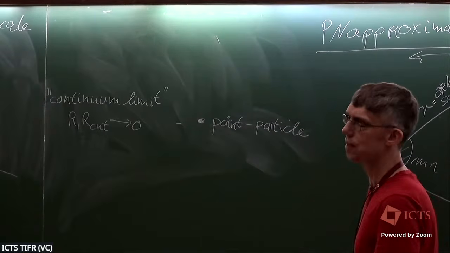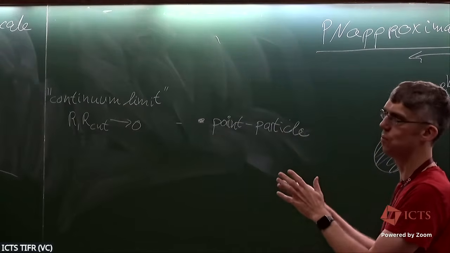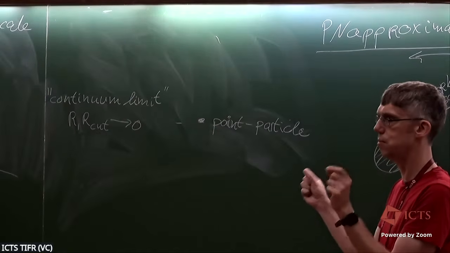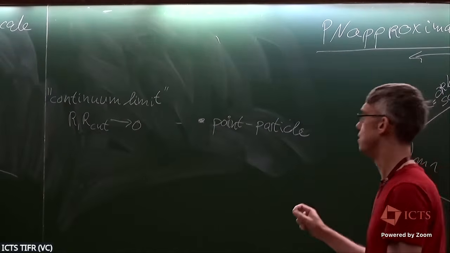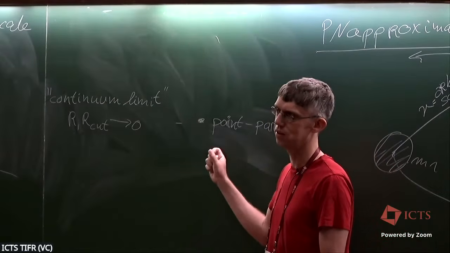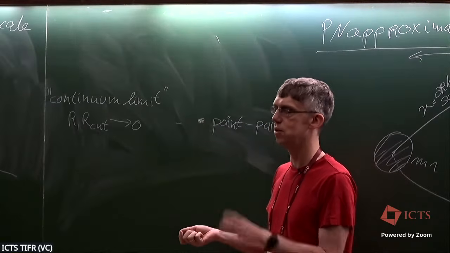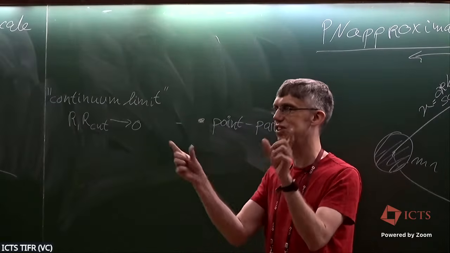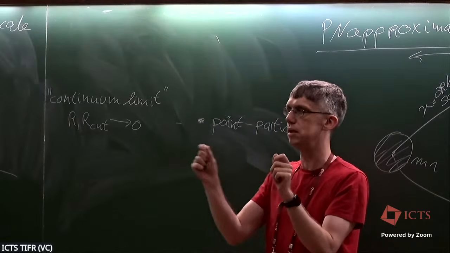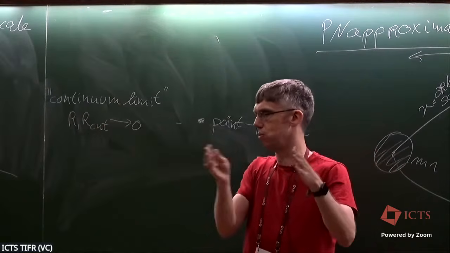For now, I'm looking at one body, but in the end, I want to make both bodies point-like. And from there, one could already see that it's maybe not the best approximation for small mass ratio situations, because one of the bodies is very large, and if you make both of them a point, then the approximation will only be applicable when the orbital scale is much larger than both of the bodies.